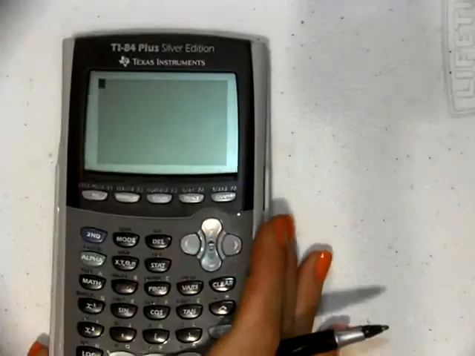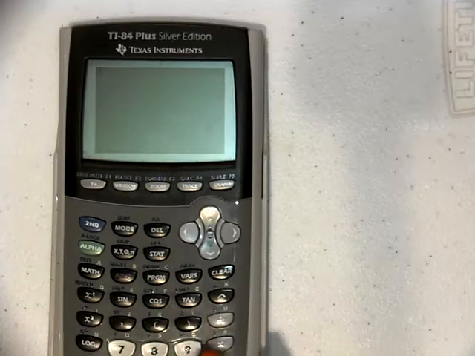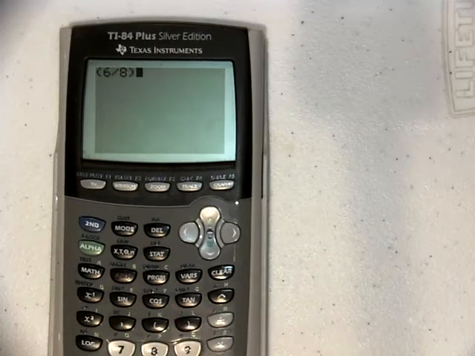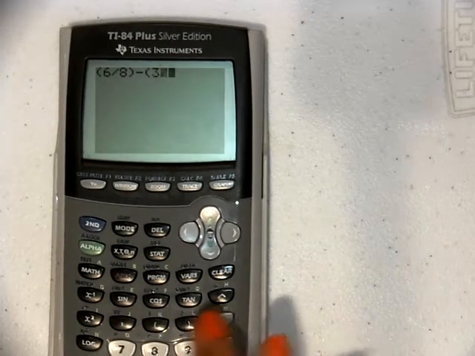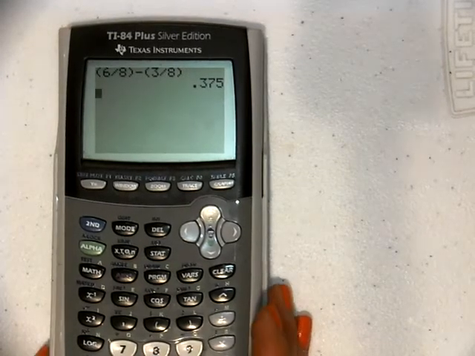So you can type that in your calculator. Make sure you put parentheses around each fraction. And you get 37.5% or 0.375.